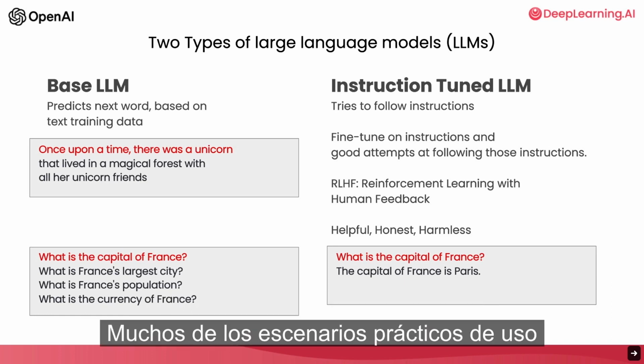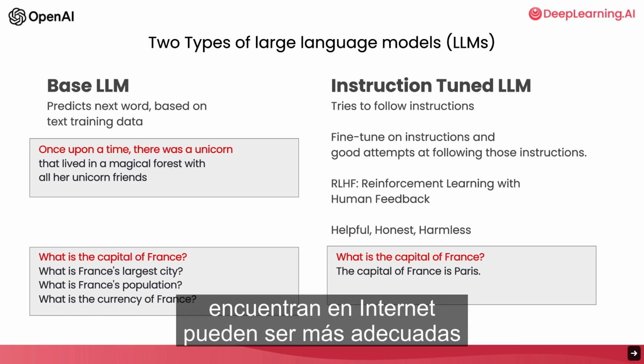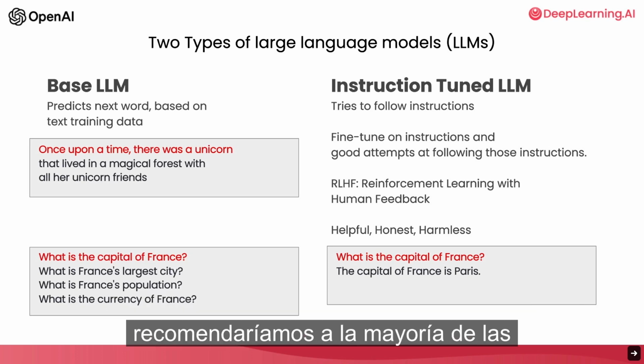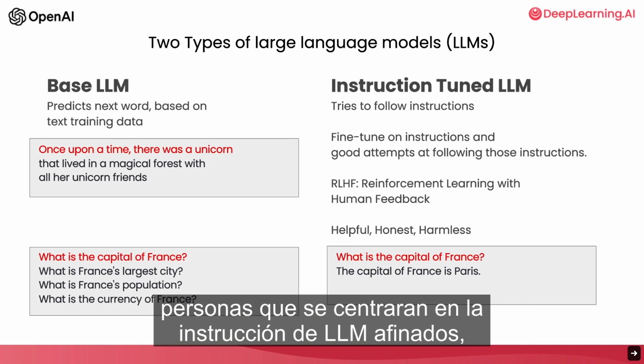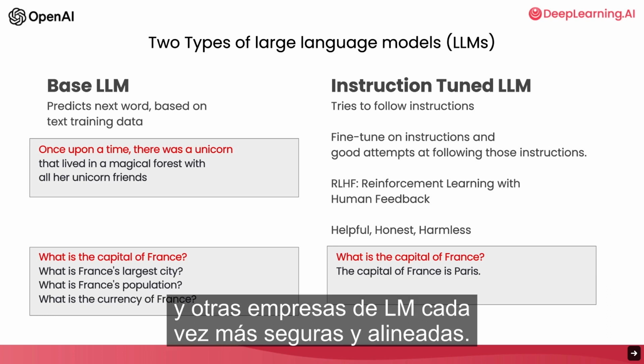A lot of the practical usage scenarios have been shifting toward instruction-tuned LLMs. Some of the best practices you find on the internet may be more suited for a base LLM, but for most practical applications today, we would recommend most people instead focus on instruction-tuned LLMs, which are easier to use, and also, because of the work of OpenAI and other LLM companies, becoming safer and more aligned.